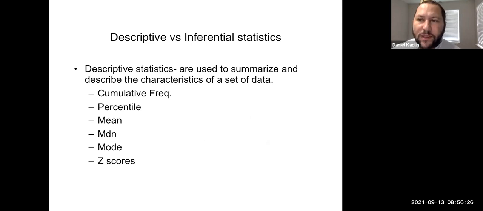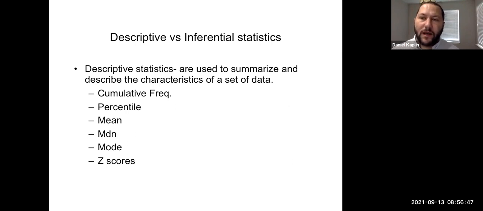Now, it's important to understand that if I were to draw a flow chart and I were to say statistics, there would be descriptive statistics and inferential statistics. But what are descriptive statistics? Descriptive statistics in general are summary scores, right?